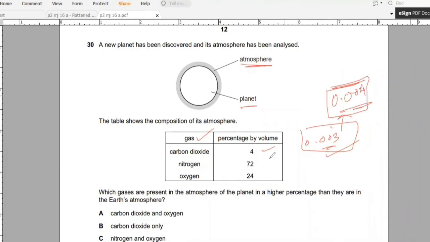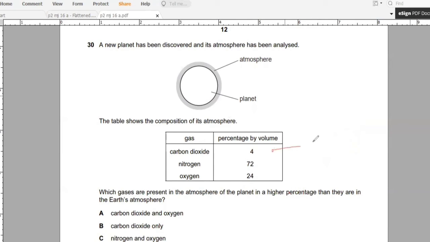So nitrogen is supposed to be 76%. Oxygen is supposed to be how much? 21%. This is the exact volume of the gases present in the atmosphere, right? So remember one figure for carbon dioxide: 0.004. Only this one figure remember. Okay. Which gases are present in the atmosphere of the planet in higher percentage than they are in the Earth's atmosphere? It's very simple.